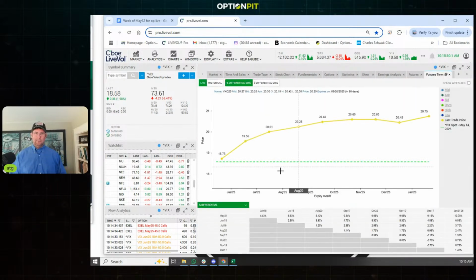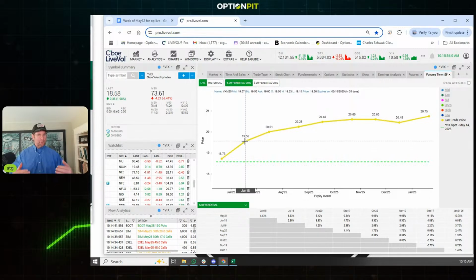These futures should be melting down to the cash instead of going up. So that's a little odd behavior. It does not give me the warm and fuzzies for SPX and SPY continuing the rally.